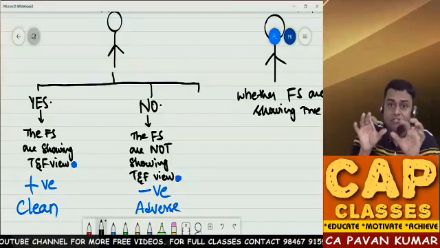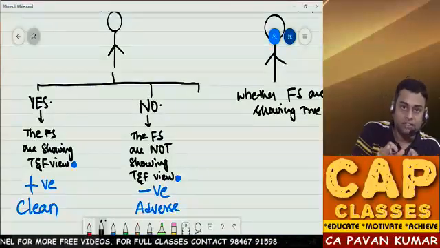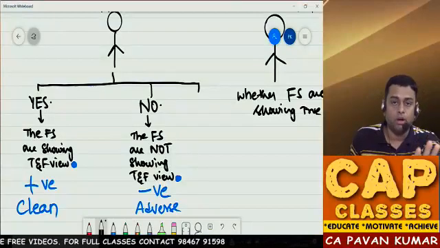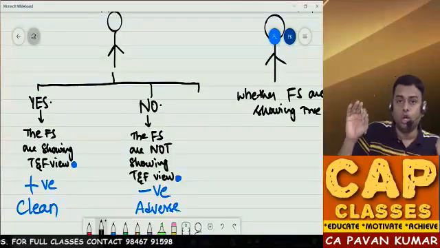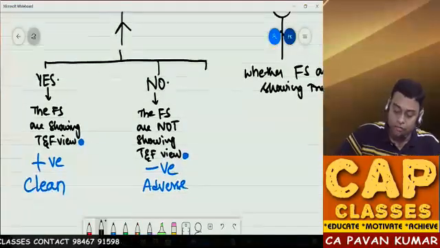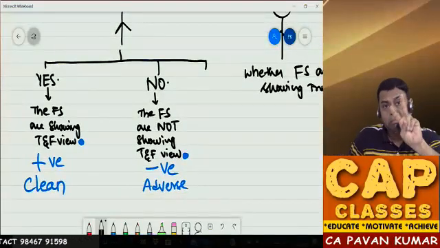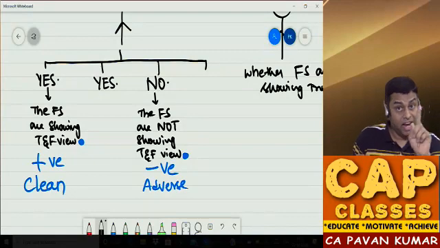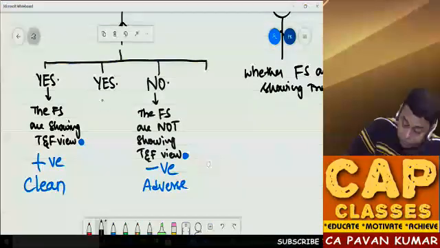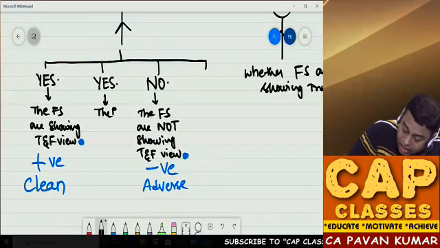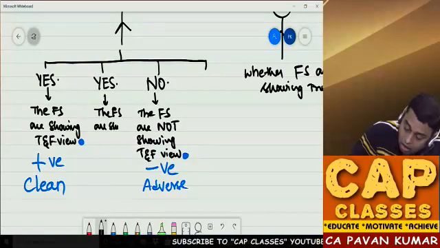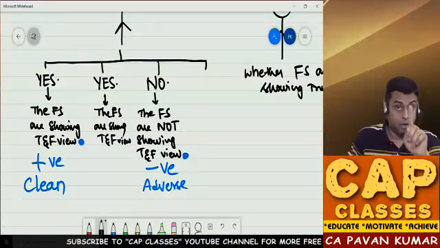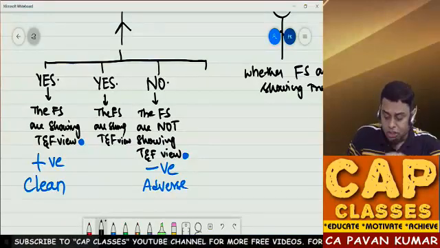There is something which lies in between these two. What is one? Yes, financial statements are showing true and fair view. What is third one? No, financial statements are not showing true and fair view. And then comes in between these two, now the auditor says yes, financial statements are showing true and fair view, but I am not putting full stop here.